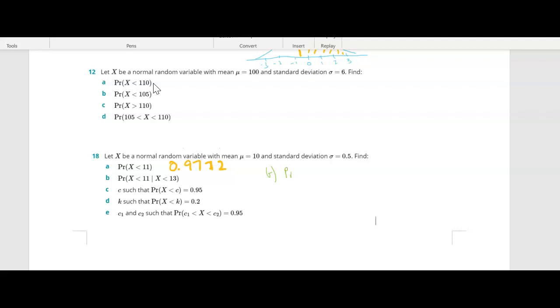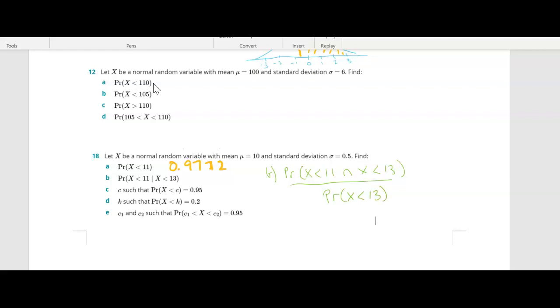All right, so we want the probability. I'm looking at question B, the conditional probability. So I'm just going to write down the conditional probability formula. The probability of x is less than 11 and x is less than 13 over the probability that x is less than 13.